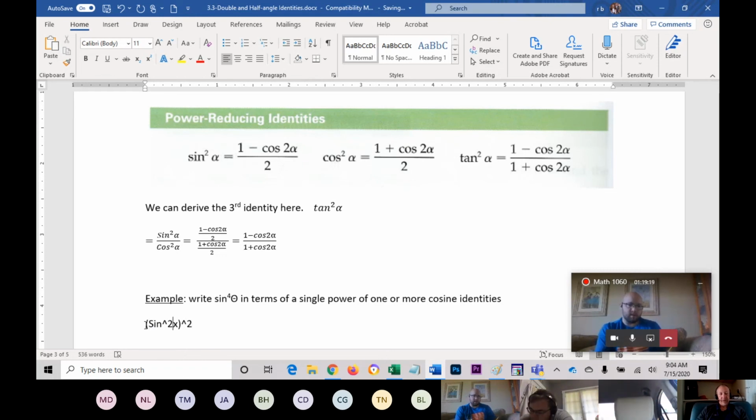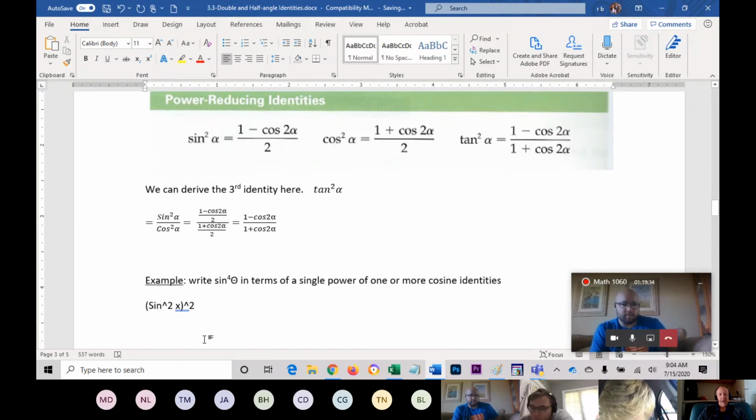Yeah. The sine squared of x, okay? So how do you rewrite the sine squared of x with one of these? You could do 1 minus cosine 2x over 2.